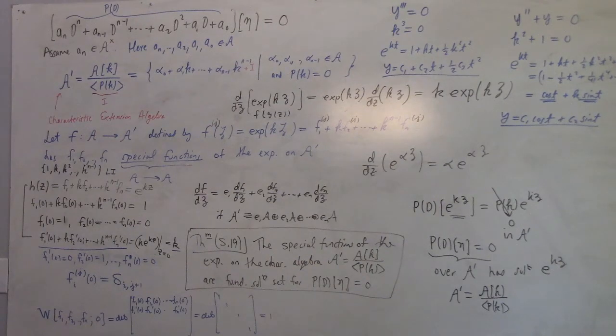Oh, example 5.26 circles back to example 5.8. That's the D minus 1 times D minus j acting on A equal to 0 problem.